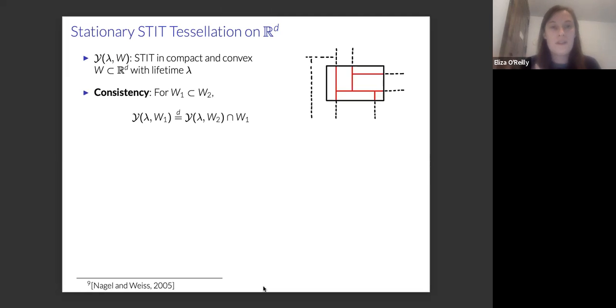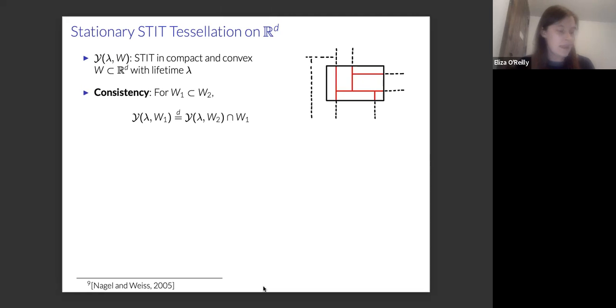The first thing is that I described this STIT process construction on a compact window, and the fact that there's a generalization of that construction for any directional distribution on a fixed compact window.